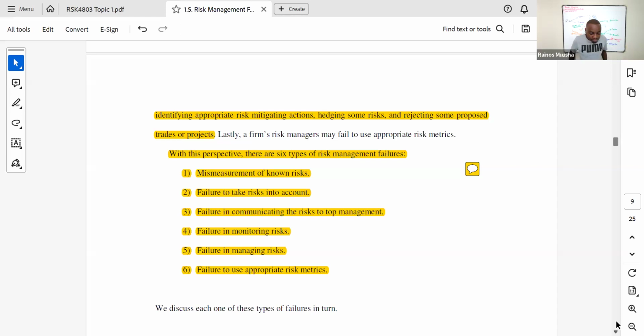So with this perspective, there are 6 types of risk management failures. Remember, for us to say this negative outcome was because of risk management failures, we need to find out exactly whether this failure is a result of any one of these types of risk management failures.